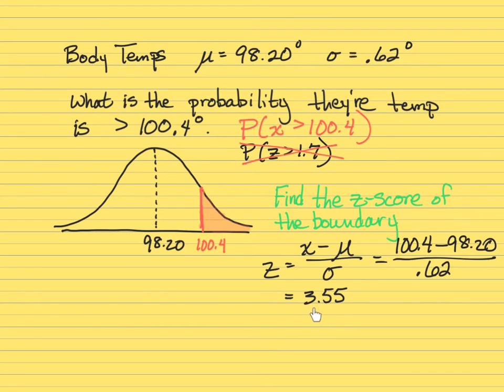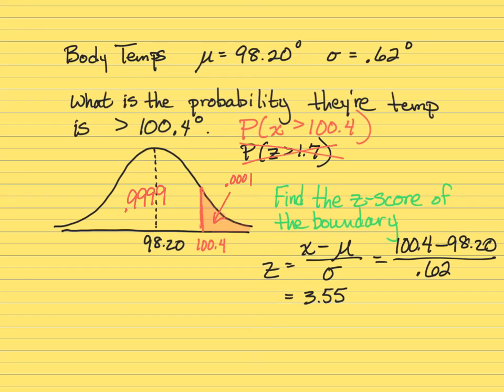What it says is, if you're at 3.50 and up, the area is 0.9999. That's the left area. That means this area is 1 minus that, so 0.0001. Very, very small. So the probability of randomly selecting somebody whose temperature is greater than 100.4 is 0.0001.